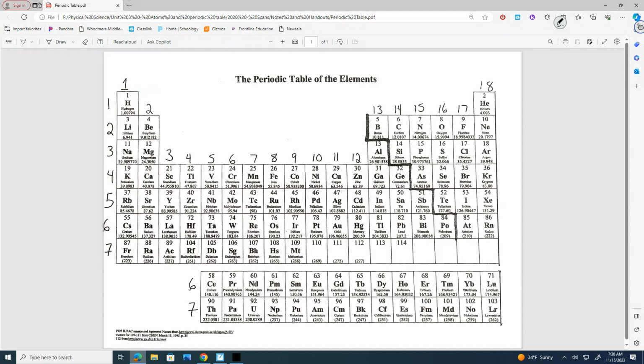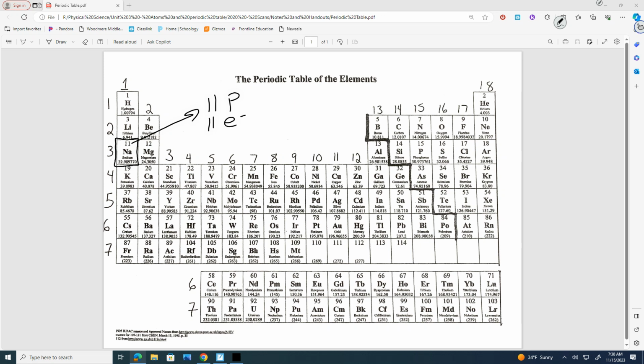So this is your periodic table. Let's take sodium. So sodium, that number right there is the atomic number. So this has 11 protons. Because protons are positive, it will also have 11 electrons.